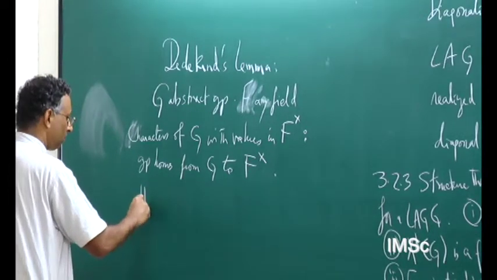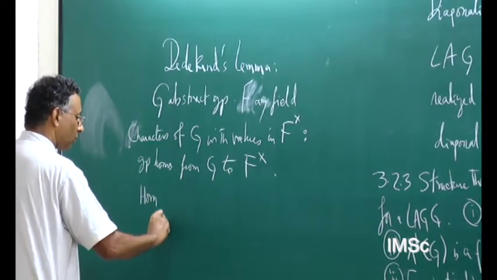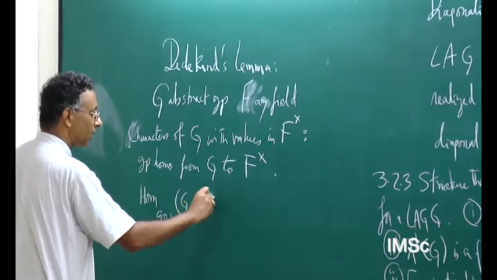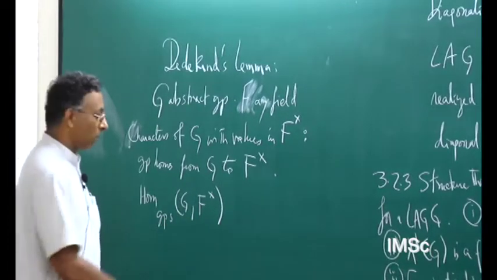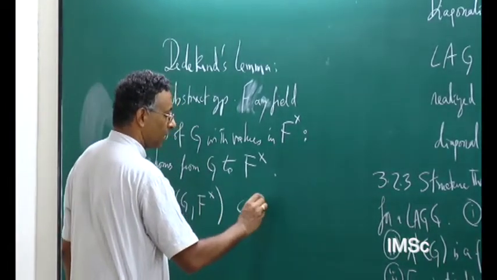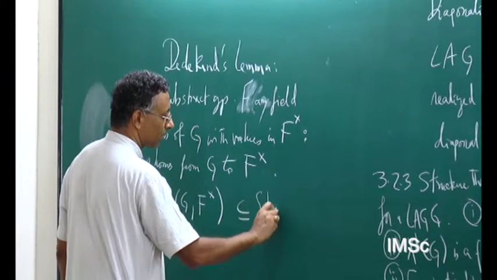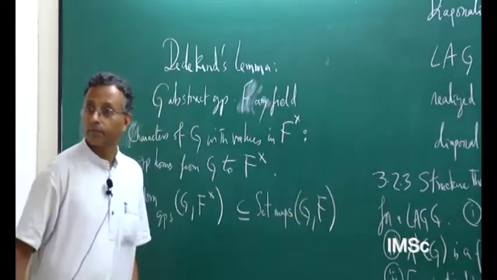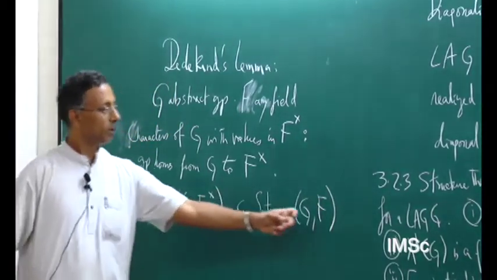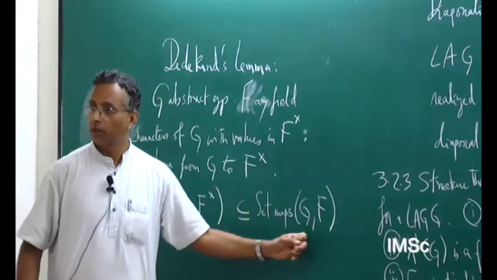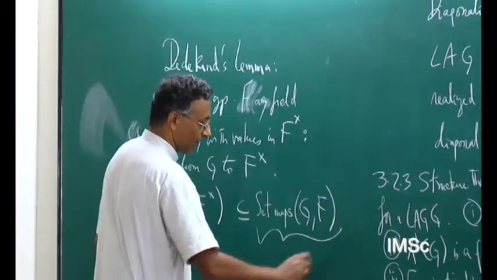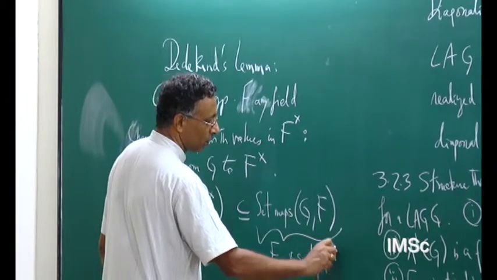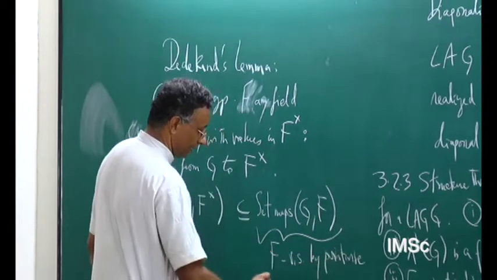So the claim is Hom as groups from G to F star. You can think of this as sitting inside set maps from G to F, just by composing with the inclusion from F star to F. Now this is an F vector space, by pointwise addition and scalar multiplication.